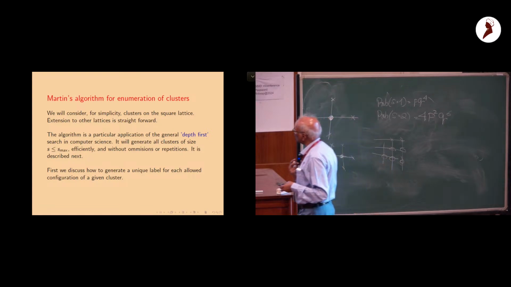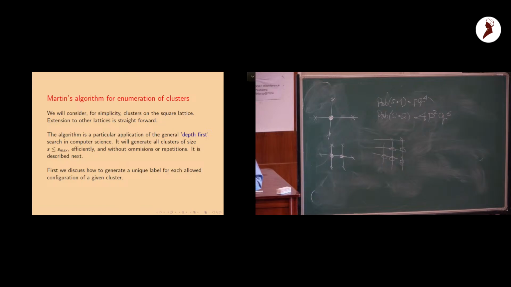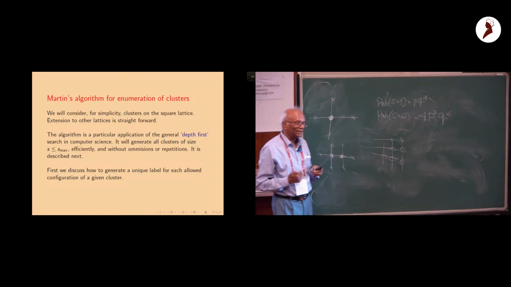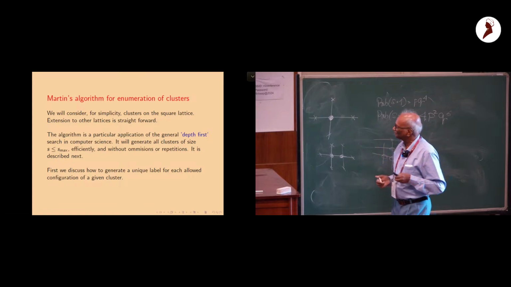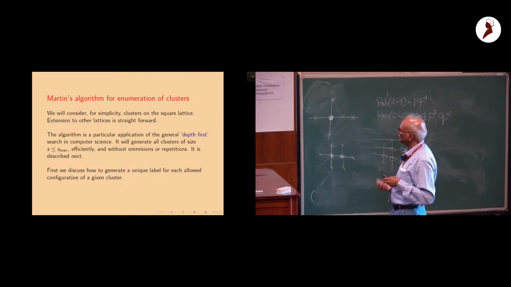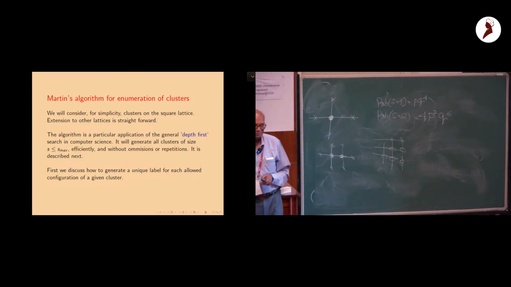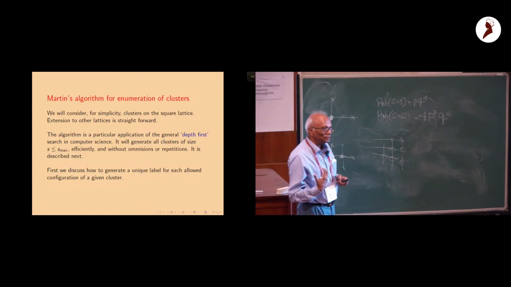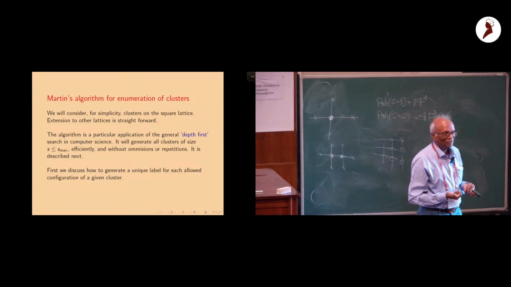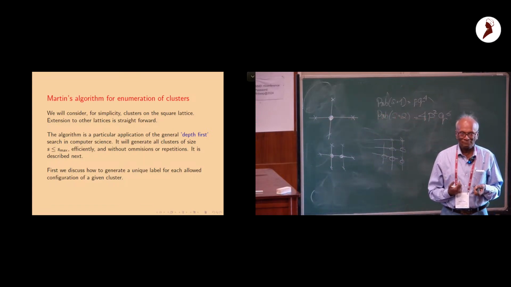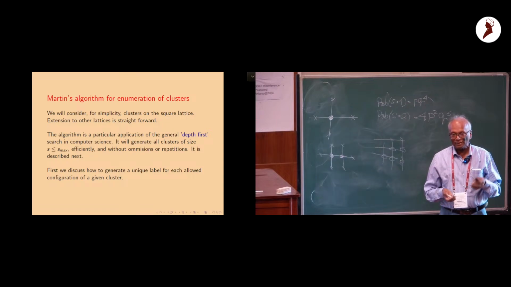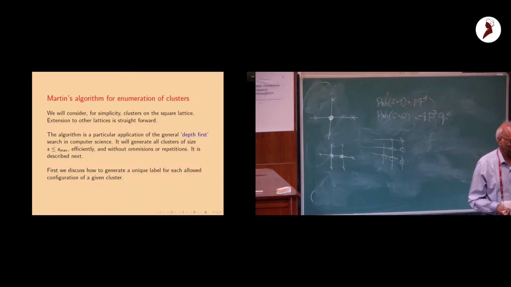So we want to discuss enumeration which is efficient and which is guaranteed to work. No omission, no repetition. The way to do this is to give each cluster a unique identifier. For each cluster I will give a name, and that name will be specific to that cluster. Then you take all possible names and make an alphabetical list.